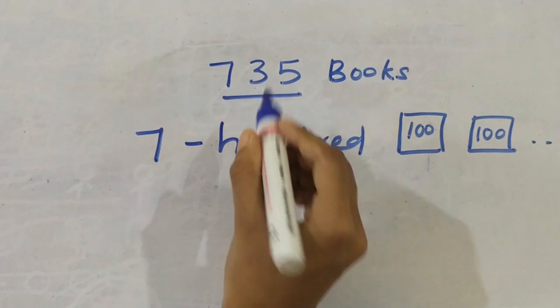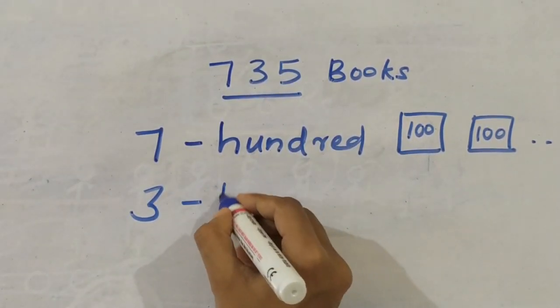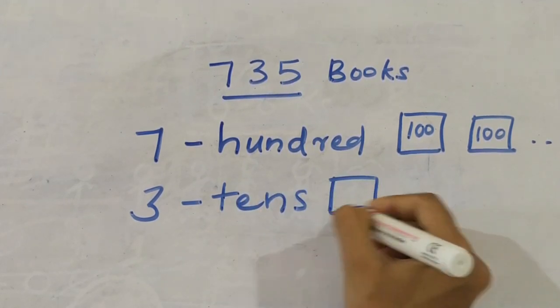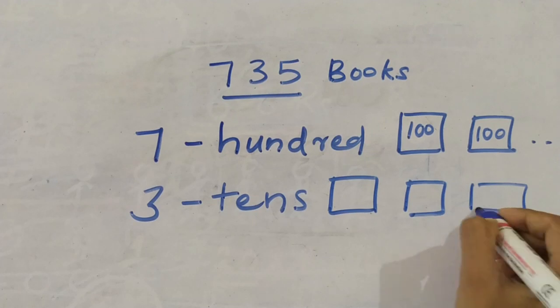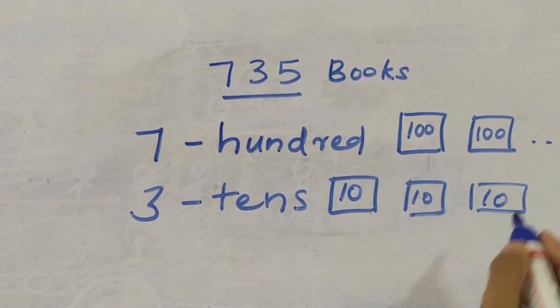Now 3 means 3 bundles of tens. In each bundle there are 10 notebooks.